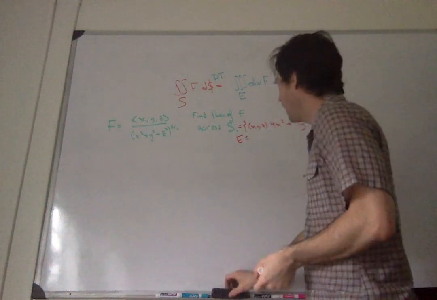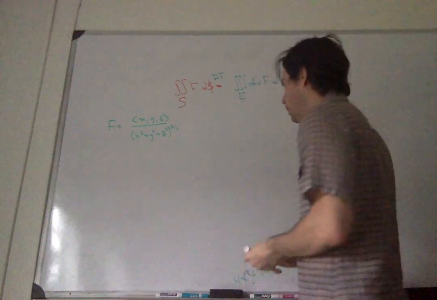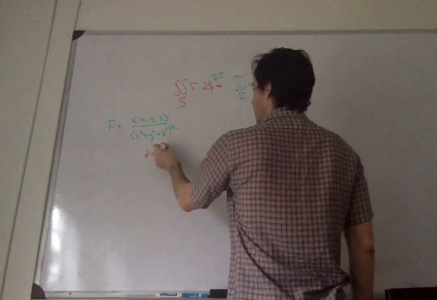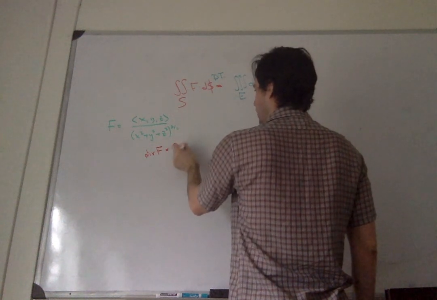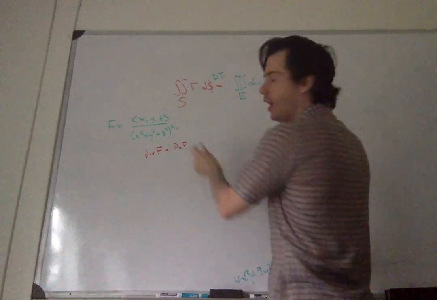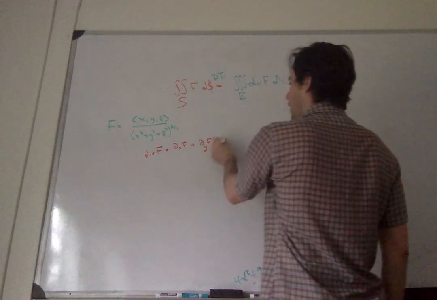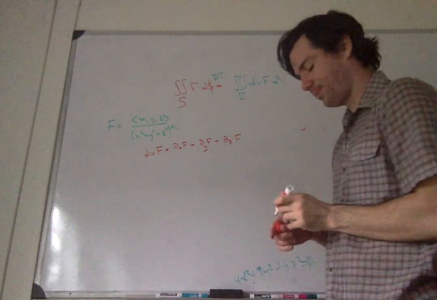Well, let's go ahead and compute the divergence. So the divergence of F is going to be the partial of F with respect to x plus the partial of F with respect to y plus the partial of F with respect to z.